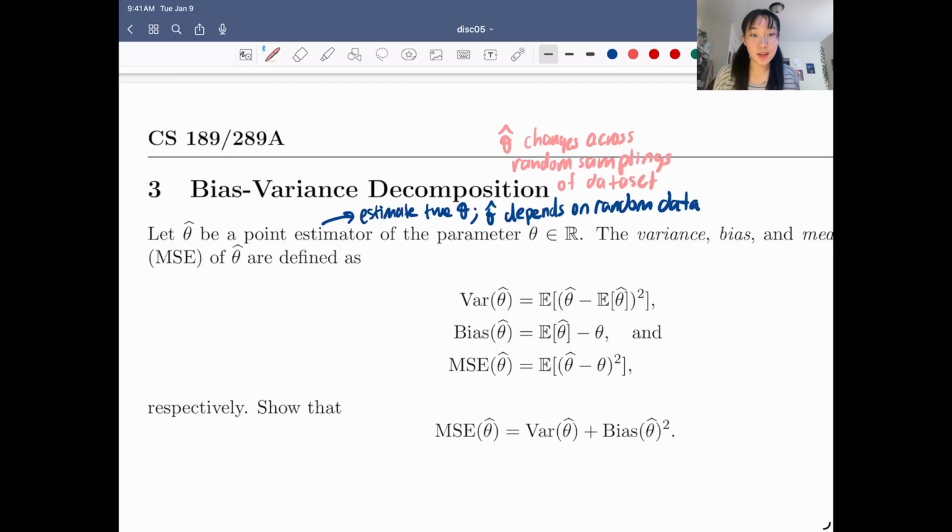Let's say I want to try to find the true mean of a bunch of numbers in a hat. I don't know what the true theta is, but instead I just draw a random fixed number of paper numbers from my hat. And I'm like, oh, what are these numbers?